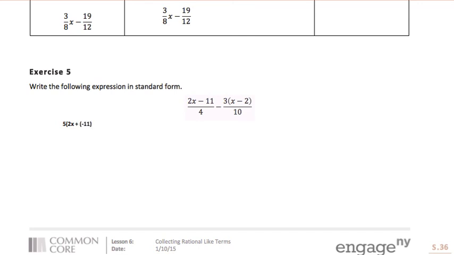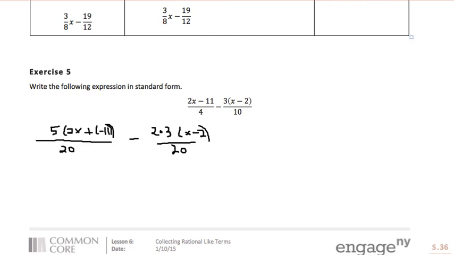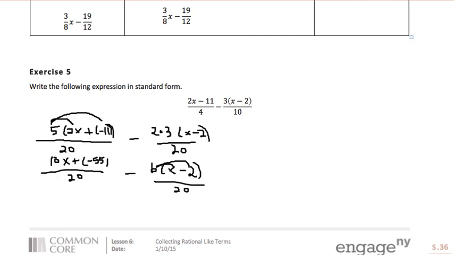Change that subtraction to addition. And that whole thing is going to be over 4. So we distributed the 5 across the 2x plus negative 11 and got 10x plus negative 55 over 20.